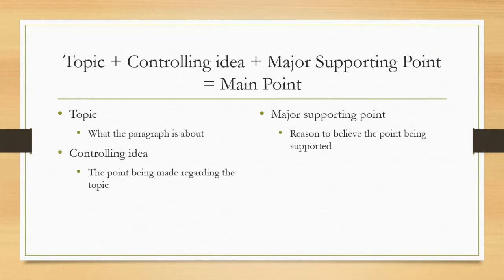So that gives us the main point. The topic, obviously in this case, is what the paragraph is about. And then the controlling idea is the point that's being made regarding that topic. The major supporting point in this will be the reason to believe the point being supported.